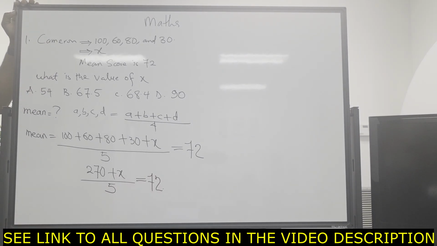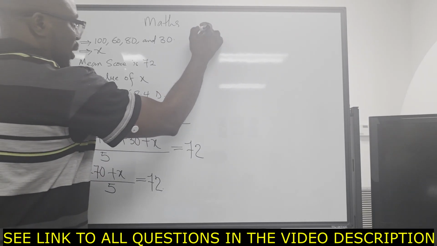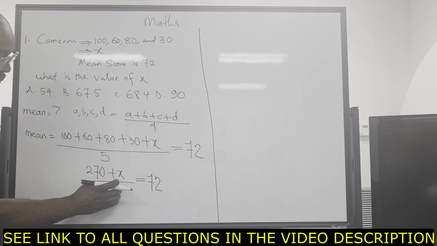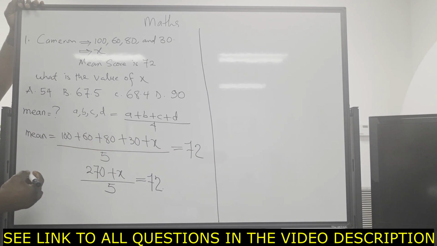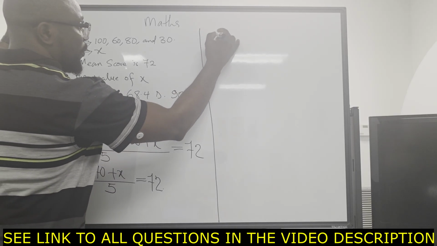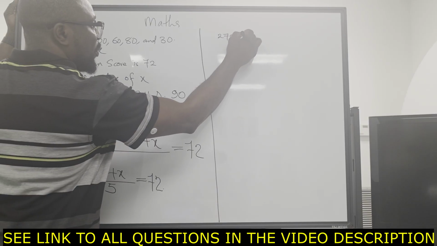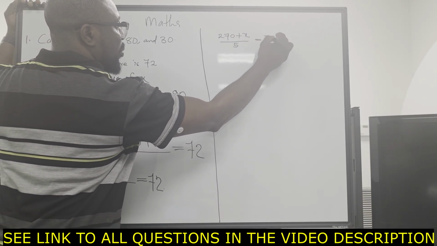Right? So now all we have to do is group the same numbers together. Yes, there are many ways you can do that, but I like to do the easy way that will teach everybody. So what we're trying to do is remove this 5 so that we have a linear equation. So the way you can remove the 5 is to do what? Say, for example, you have 270 plus X over 5 is equal to 72, right?